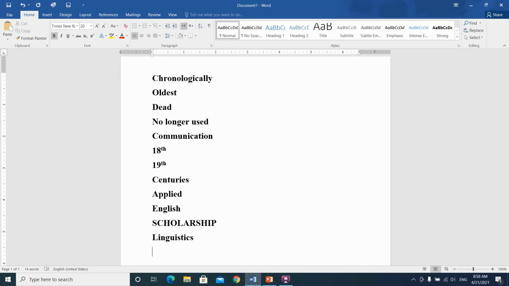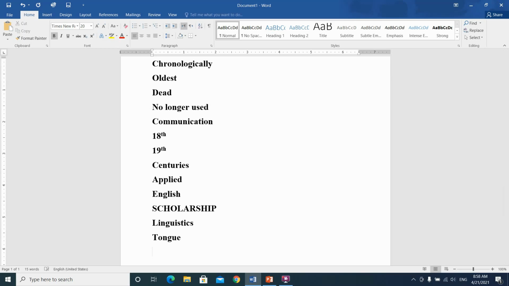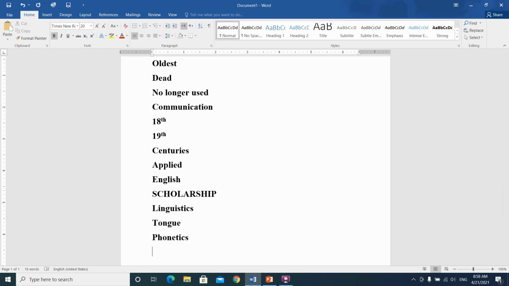Lingua means tongue. That is why the science of language is called in Egypt and Morocco linguistics. Because lingua means tongue. Okay. You study phonetics, right? This is a Latin word. You study phonology.